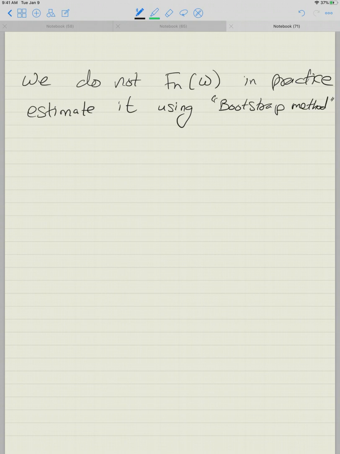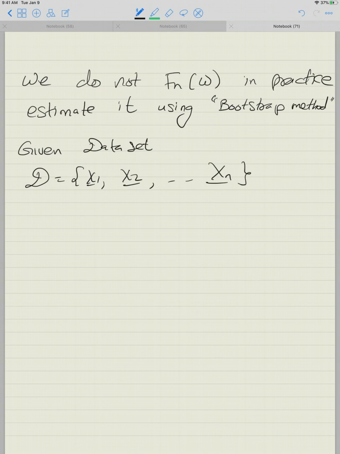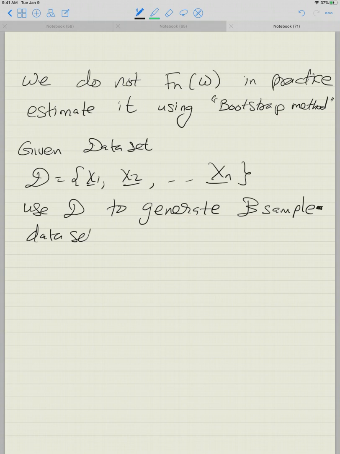So in bootstrapping, we are given our data set D, which is x1, x2, up to xn, and we use it to generate a total of B sample data sets by sampling with replacement.